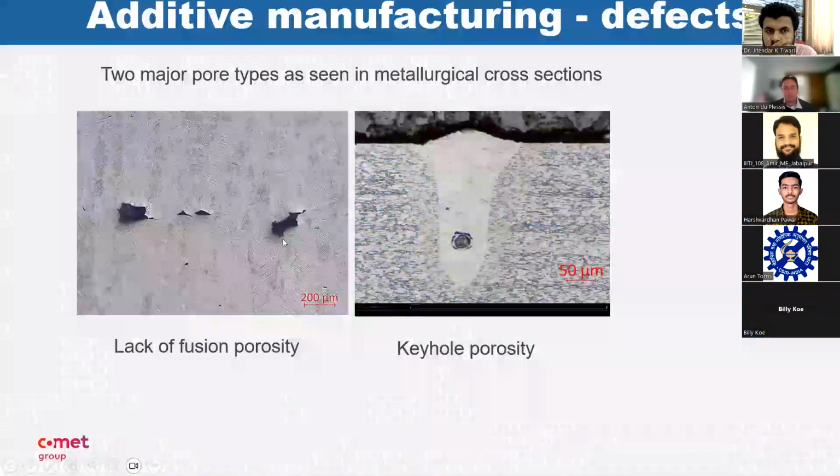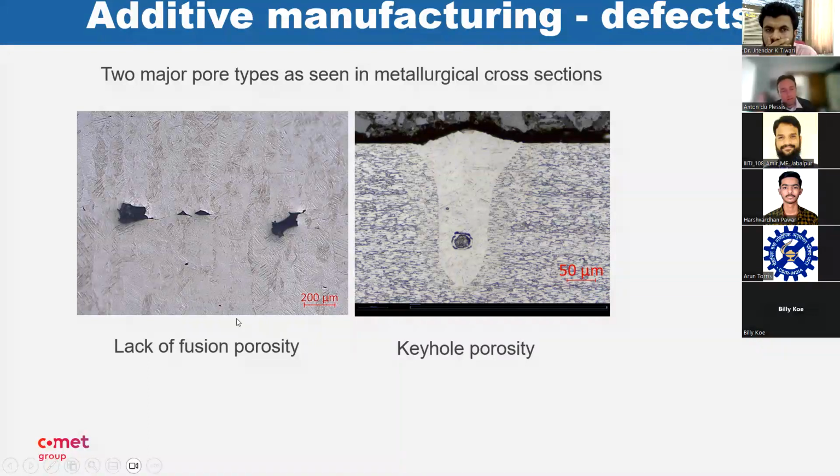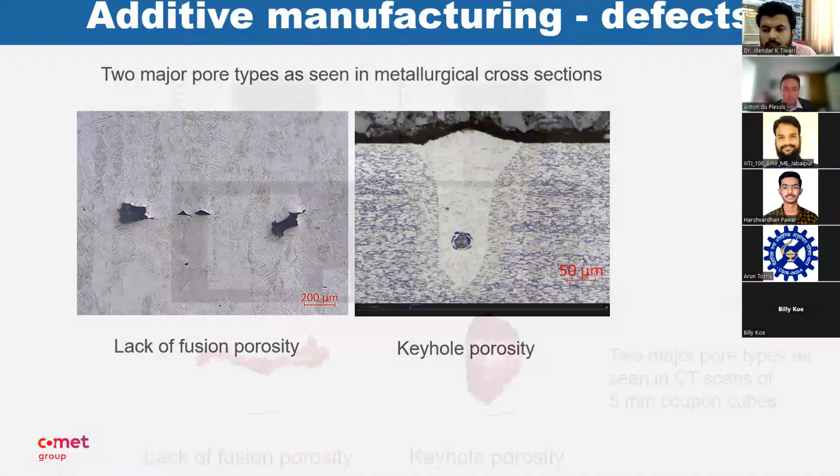This gives you information on the pores inside, which in additive manufacturing are typically two types. One is lack of fusion, which you have just seen, and the other is a keyhole pore type, which is more rounded in shape and exists due to a vapor cavity in the melt pool, which collapses, making large rounded pores, depending on the processing parameters.